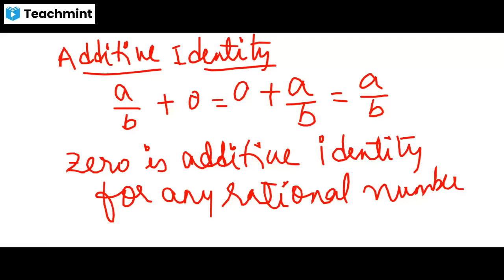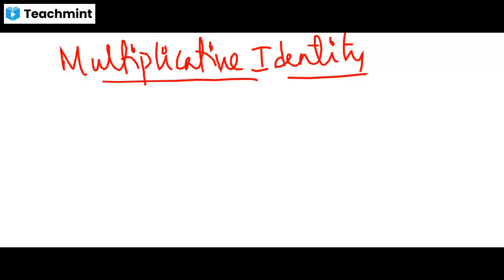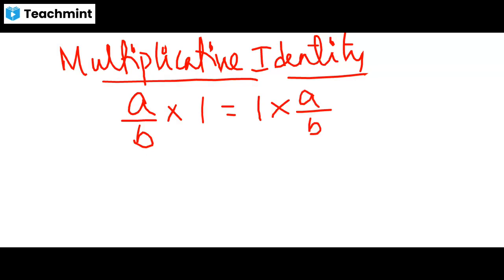Then next we have multiplicative identity. Multiplicative identity means you have some rational number a by b. For that, what should you multiply so that you get a by b itself? 1, ma'am. 1 into a by b is equal to a by b itself.